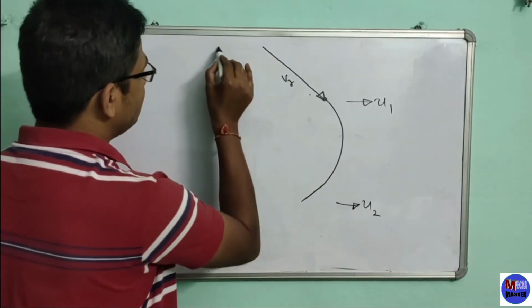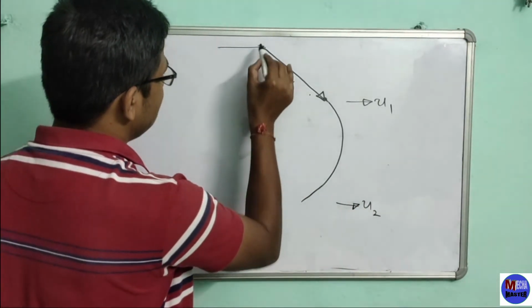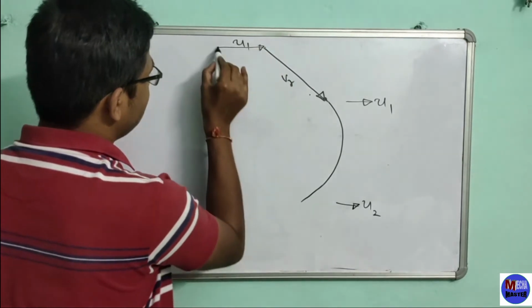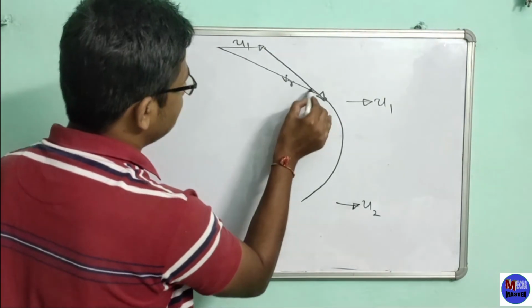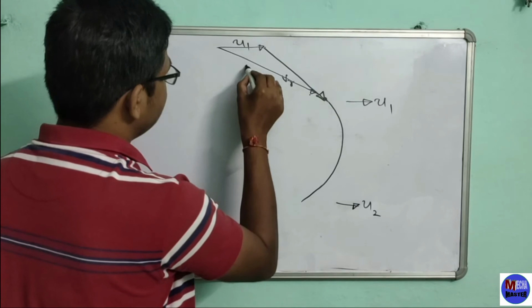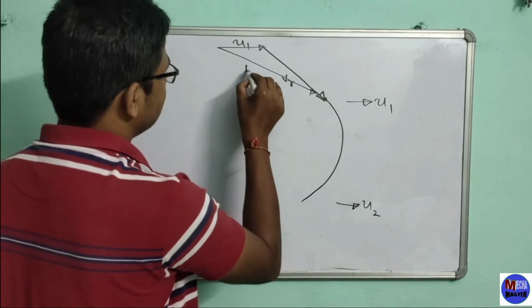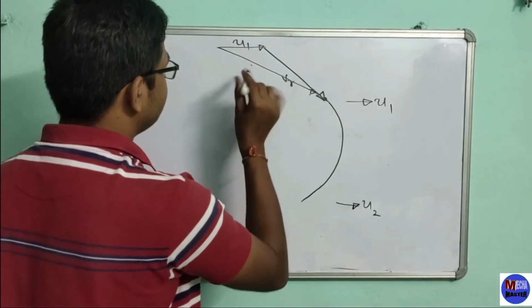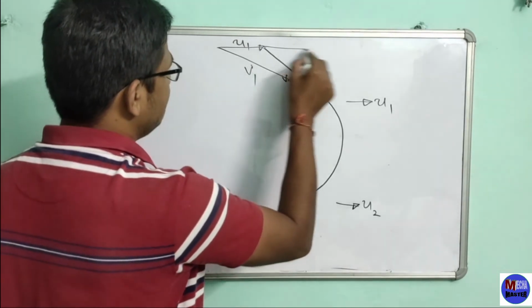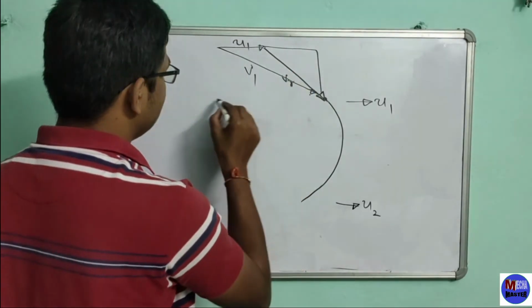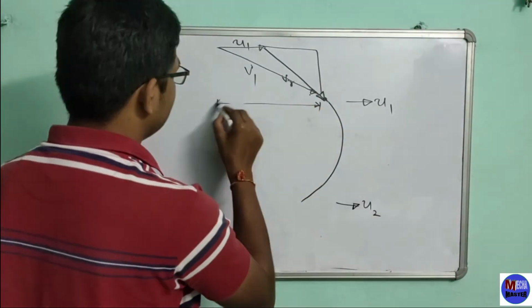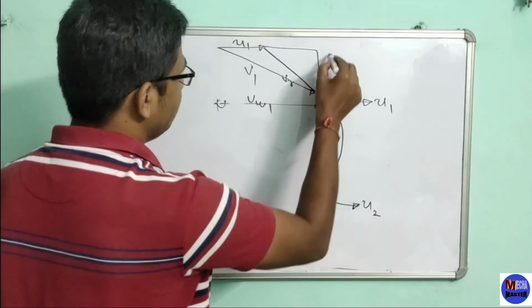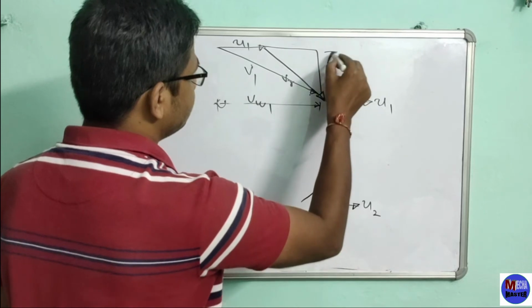We have to add the blade velocity u1 here, and if we take the resultant, then this will be the jet velocity v1. Okay, after splitting this we can get the whirl velocity and the velocity of flow.